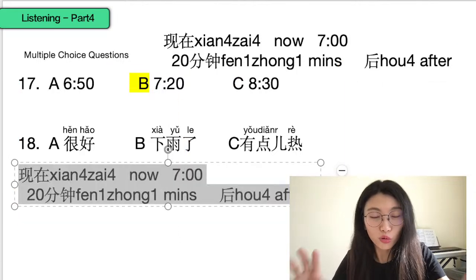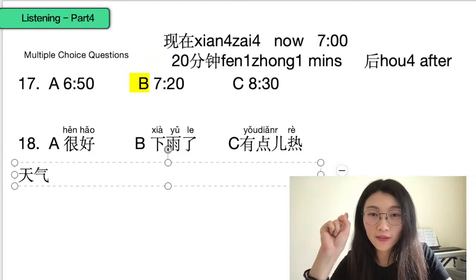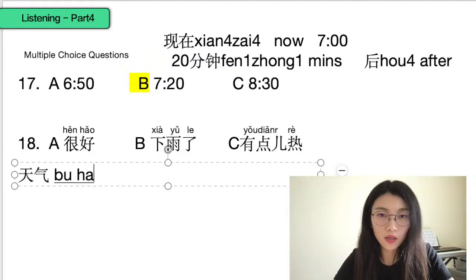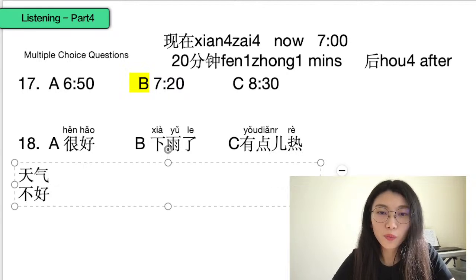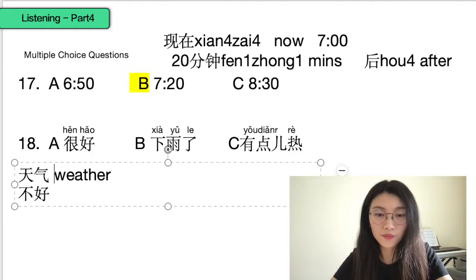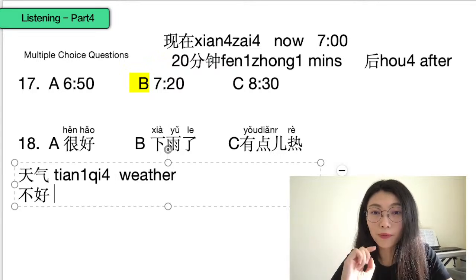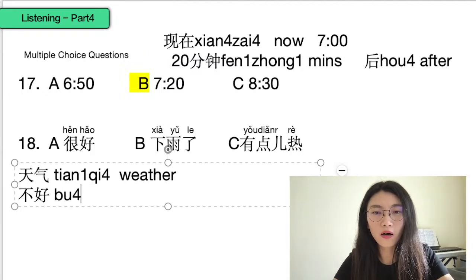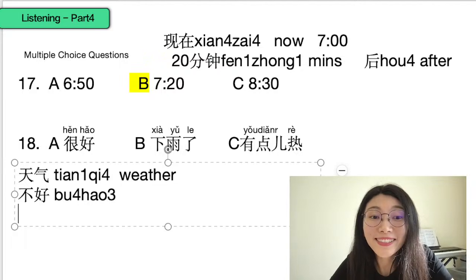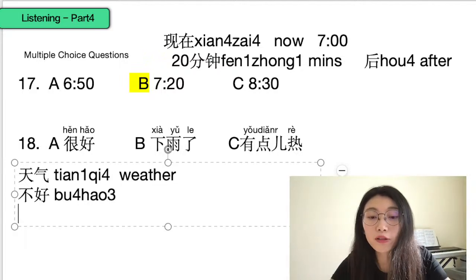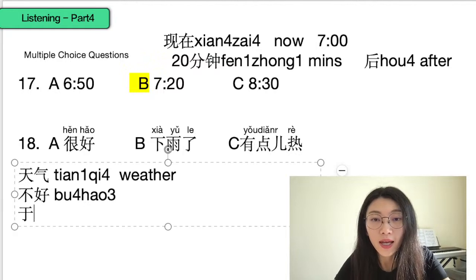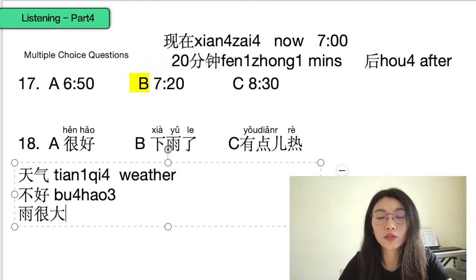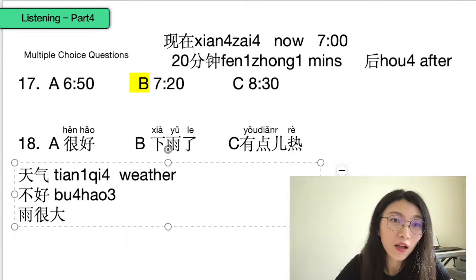It says 昨天天气不好. 天气 is weather, an HSK1 word. Please grasp it and remember it. 不好, the weather is not good. Then 下的雨很大.